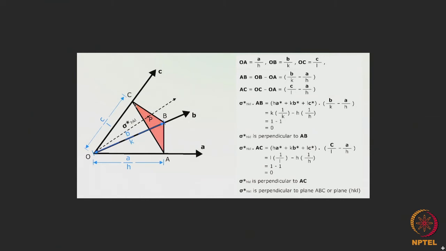We know that if you have a plane HKL and it cuts the x, y and z axis at the points a, b and c, the intercepts will be a by h along x, b by k along y and c by l along z.